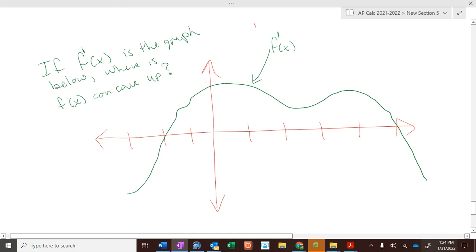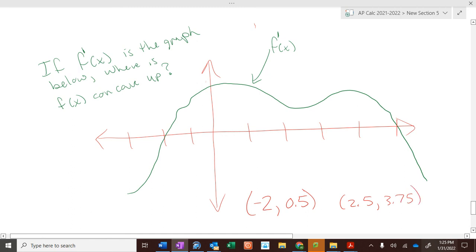Well, -2 to about here. And this isn't the greatest graph, but -2 to about 0.5. And then, where else? Like 2.5 to about 3.75, somewhere like that.